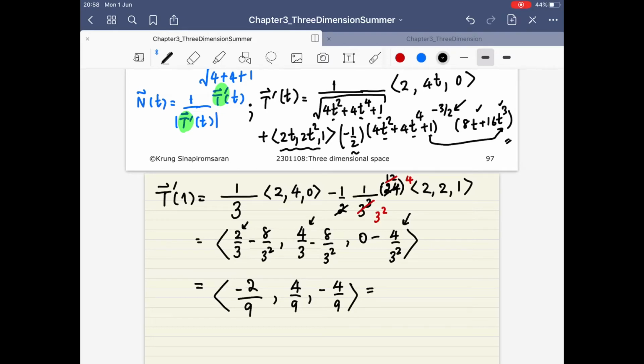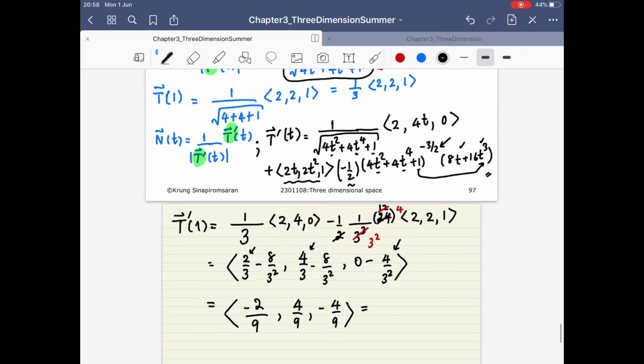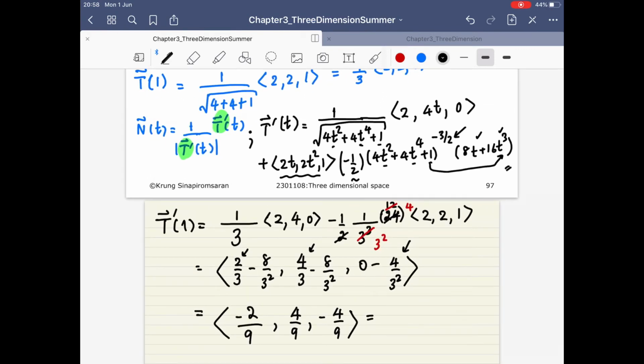And it will be better if you can pull out all the factor. So you have 2/9, and then you have -1, you have 2, you have -2. You see, you pull out that thing.